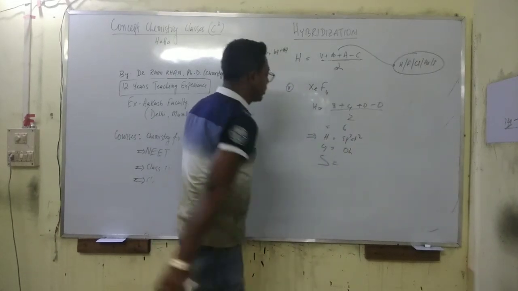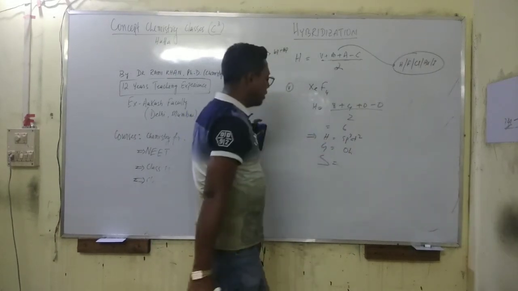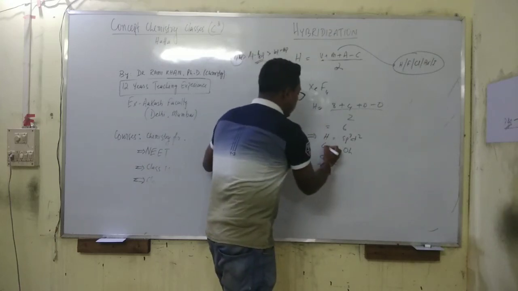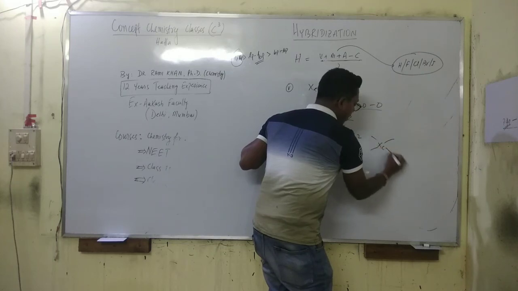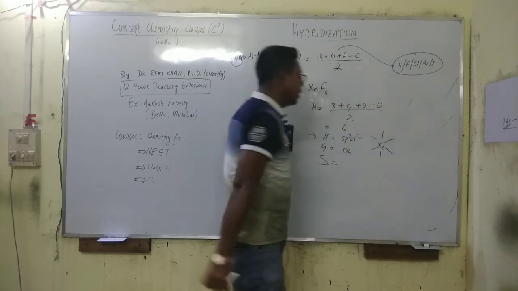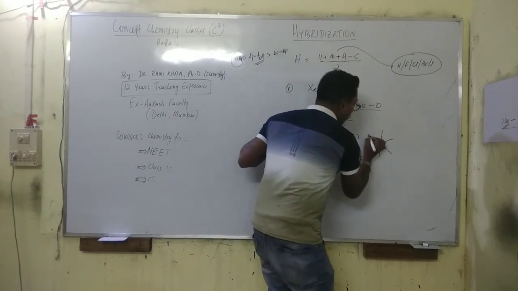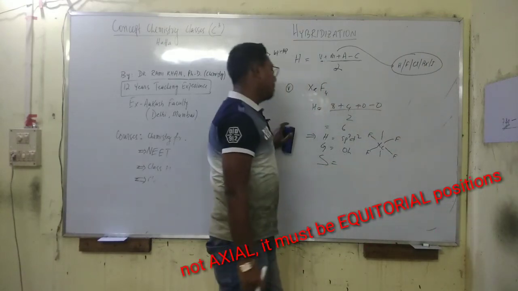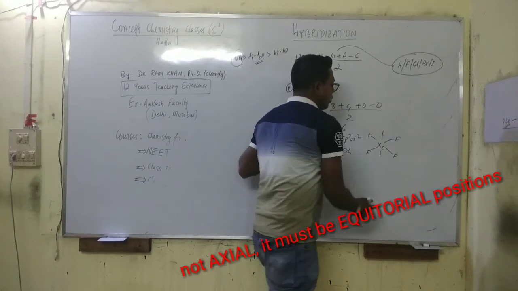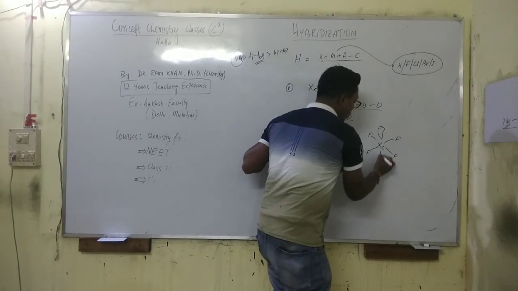The shape will be different. Now for shape we need to draw the structure. Xenon is the central atom. This is the octahedral geometry. Now let us keep the fluorine atoms here at the axial positions, and these two remaining bonds will be converted into lone pairs.